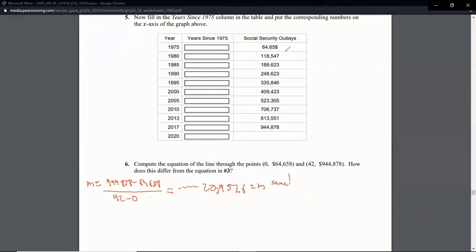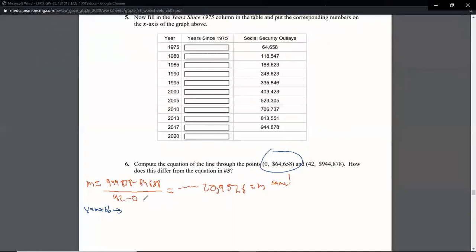Let's switch to blue for that. For y equals mx plus b, we'll plug in the y, the m, and the x in order to find the b. It doesn't matter which of these 2 points you use, pick whichever one you prefer. If I've got a 0 somewhere, I prefer that one, and it's going to make this go really smoothly.